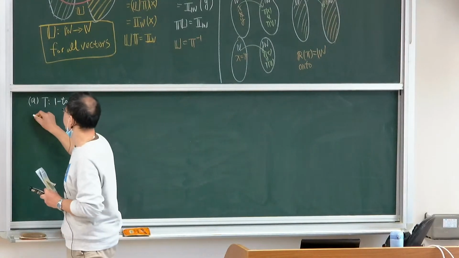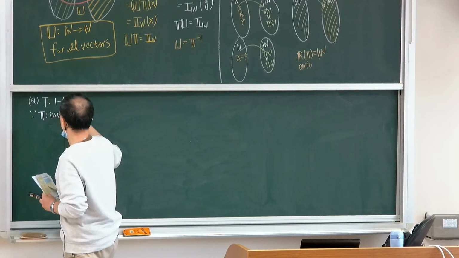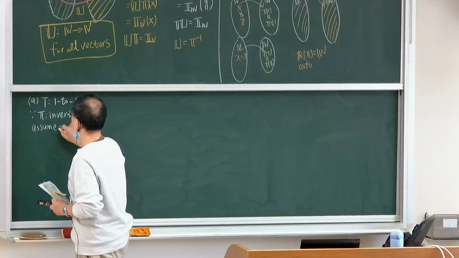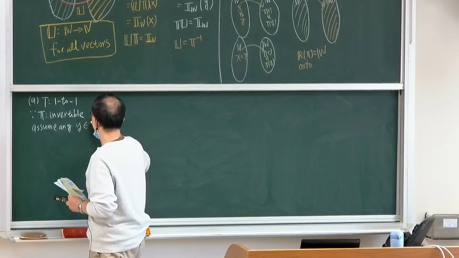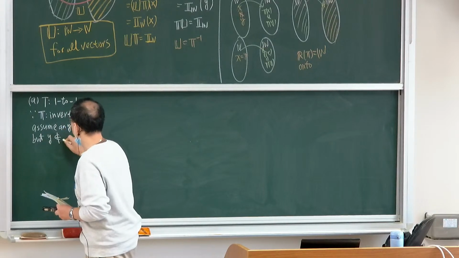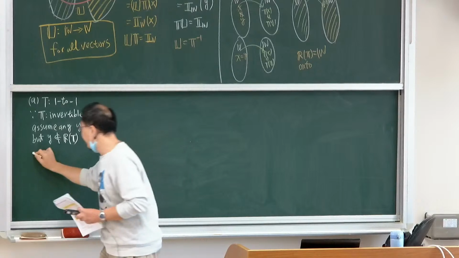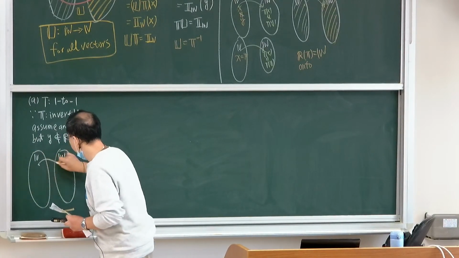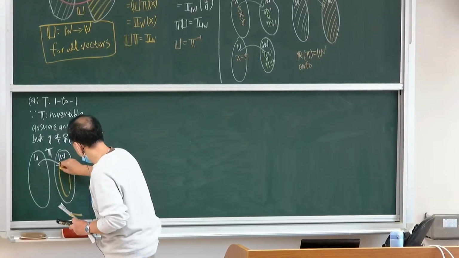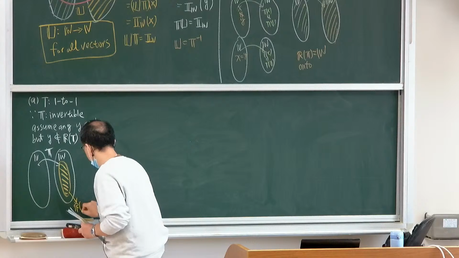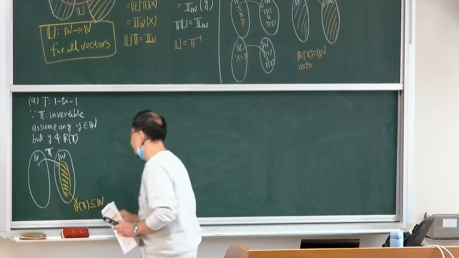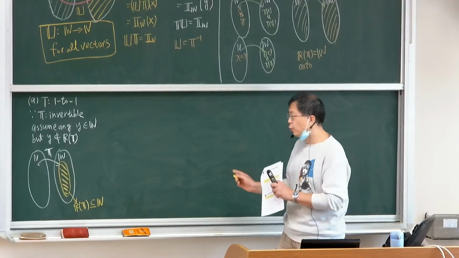So then, because T is invertible, we can assume any vector y in vector space W, but y does not belong to the range of T. So in this scenario, we have vector space V and vector space W. We have T, this linear transformation is invertible, but after transformation, the range of T, we already know that the range of T should be contained in vector space W, because the range of T is a subspace of W. We have already learned it.